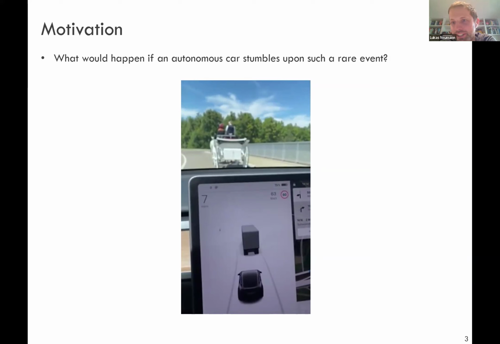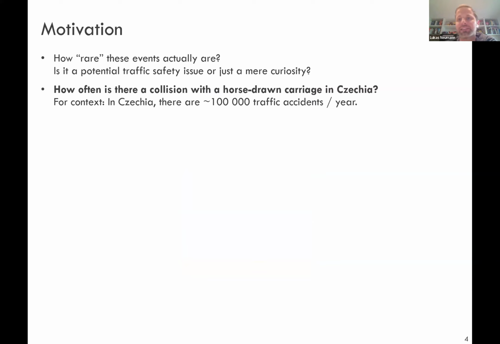In this case, it was just bad publicity for Tesla, because this person shared this video online, and of course everybody was laughing at Tesla that they cannot drive. Of course, sometimes it can have more serious consequences when some objects are missed, and therefore the car doesn't know what it's doing. So let's take a look at how big this problem actually is.